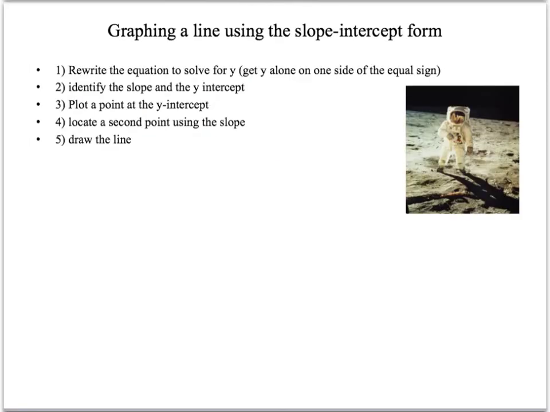So graphing a line using the slope-intercept form. The first thing we want to do is rewrite the equation to solve for y. When I say that, I mean you want to get y alone on one side of the equal sign. So let's say I have an equation like this. I have y minus 2x equals 4.